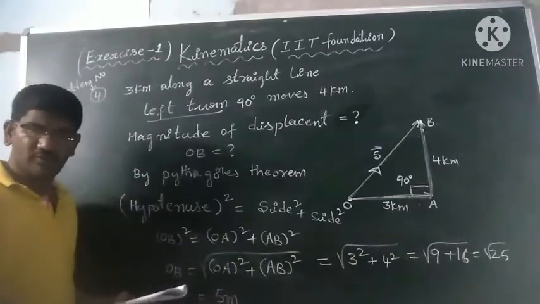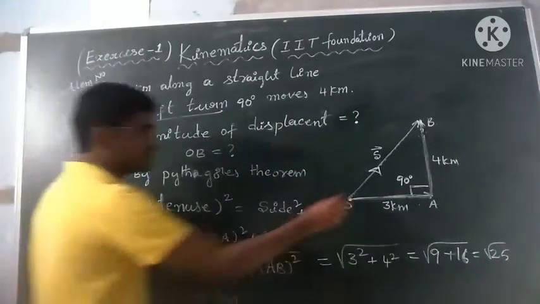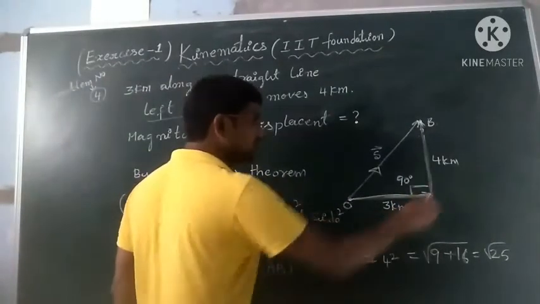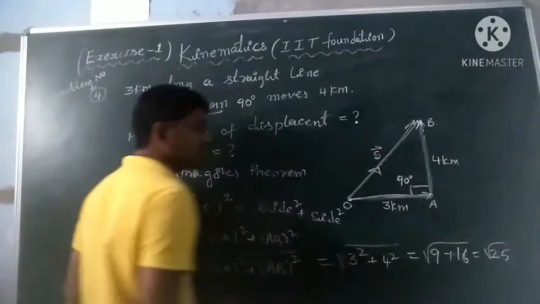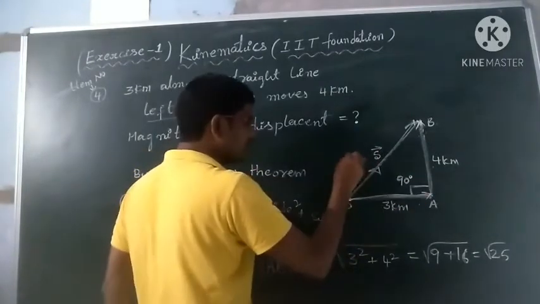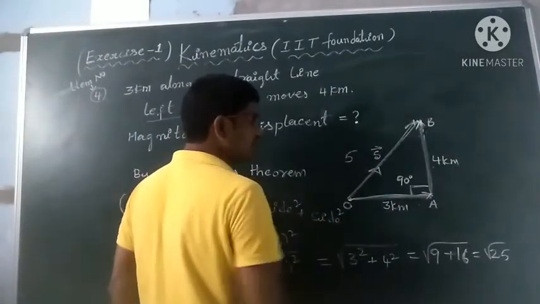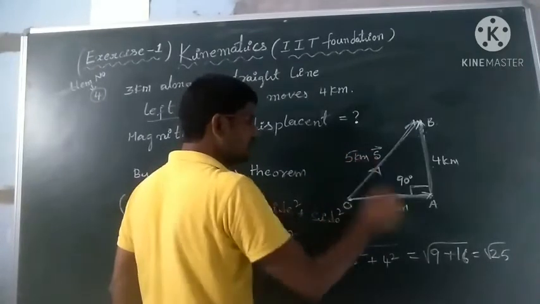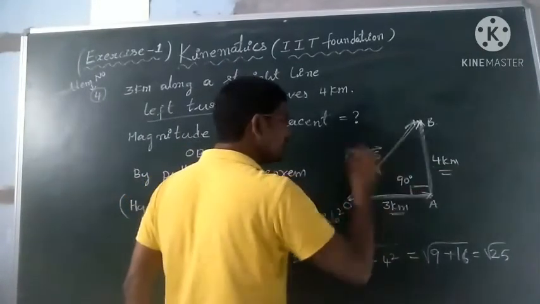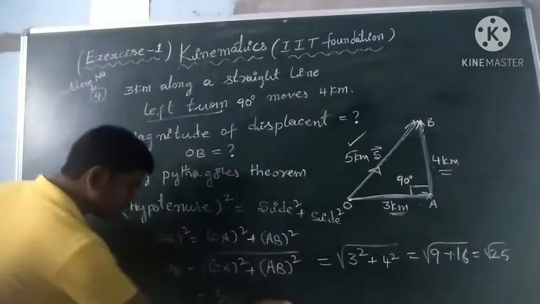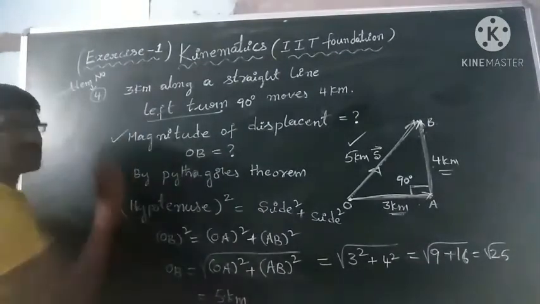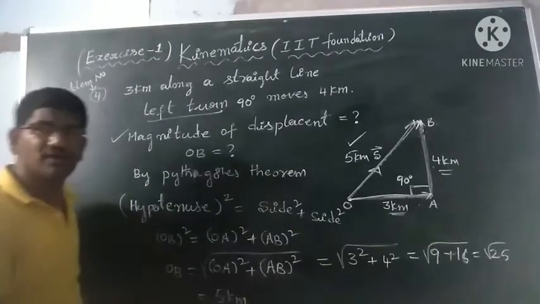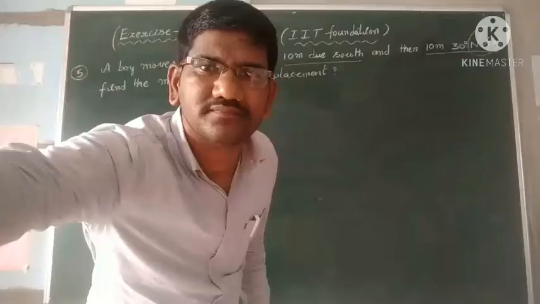We see 3 kilometers forward, left turn 4 kilometers, and we know 3, 4, 5 is a Pythagoras triplet. These are in kilometers, so the magnitude of displacement will be 5 kilometers.